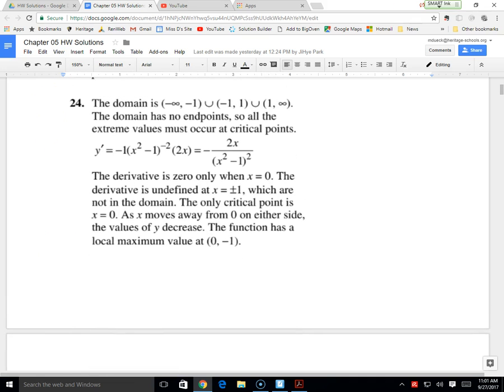You guys already checked 20? X cannot equal plus or minus 1. No endpoints, so we have to consider the behavior of the graph. You can check your derivative. Now they go through a whole paragraph.